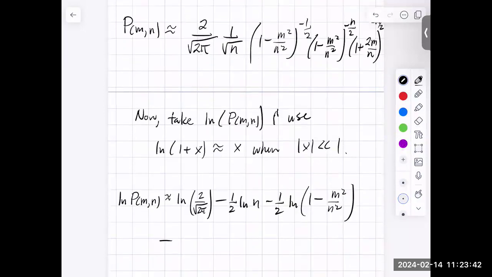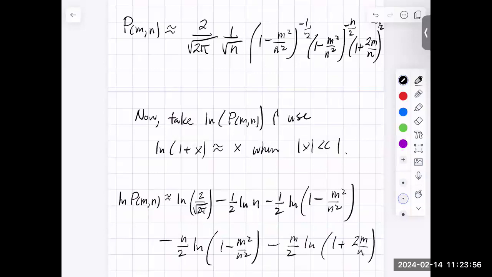Then we would get minus n over 2 times the ln of 1 minus m squared over n squared, minus m over 2 times the ln of 1 plus 2m over n. All right, good.